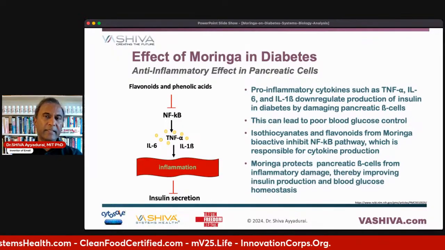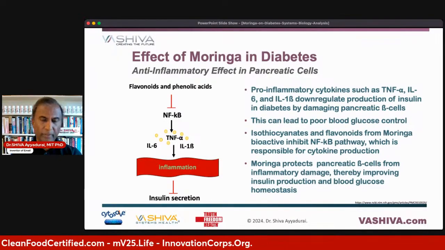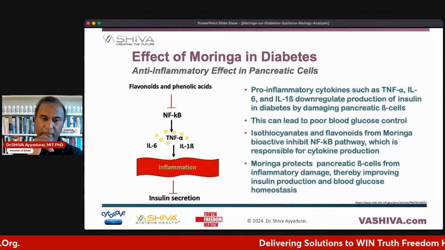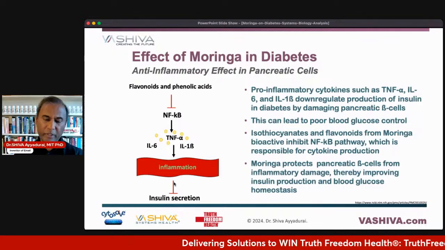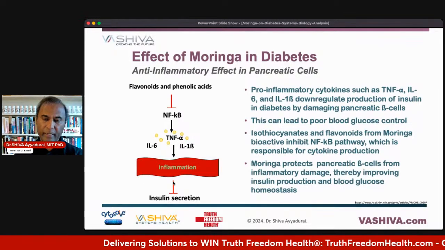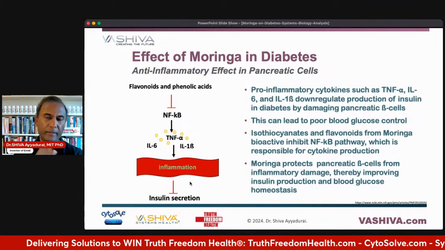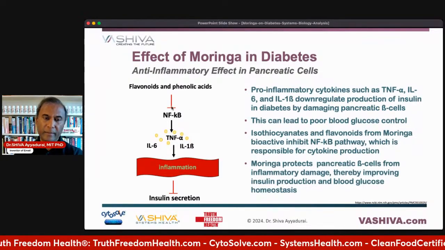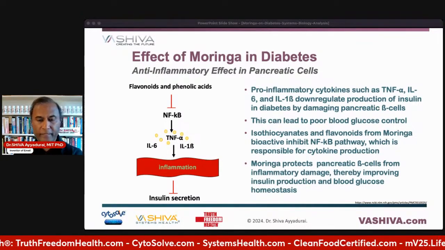So insulin needs to be released properly by the pancreatic beta cells to have proper blood glucose homeostasis, which means balance. And if you have inflammation going on in your body, that's going to affect that. And that's why the compounds in Moringa have a very, very powerful effect in modulating that.